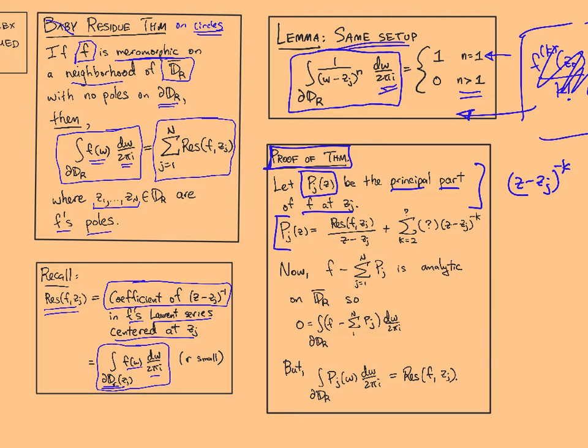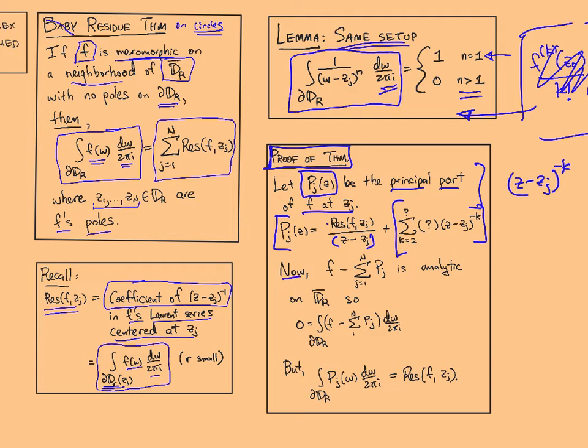So here's what they look like: Pj has the residue times 1 over z minus zj, by definition of the residue, plus these other possible negative powers of z minus zj. You do this at all of the different poles, but there are finitely many.